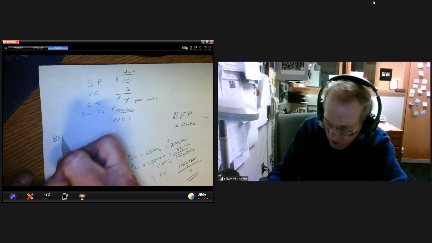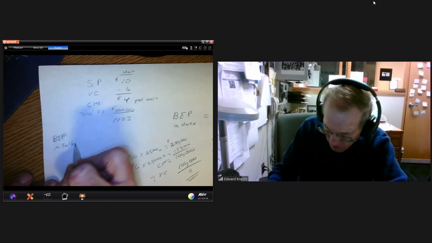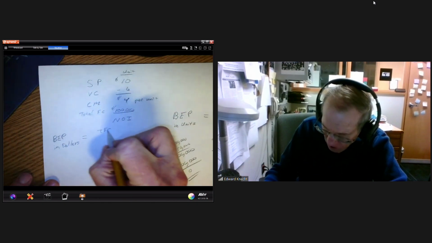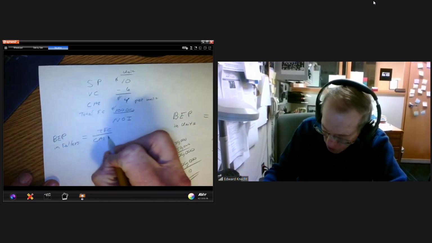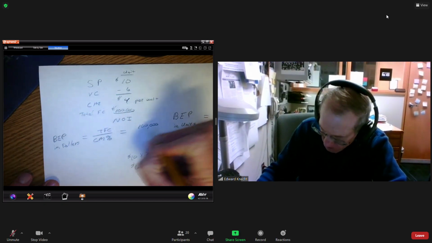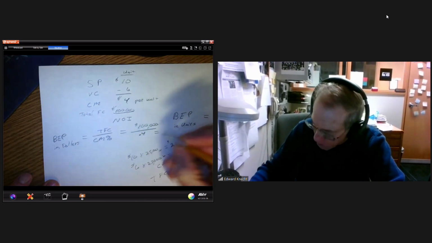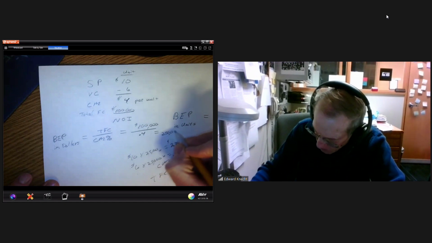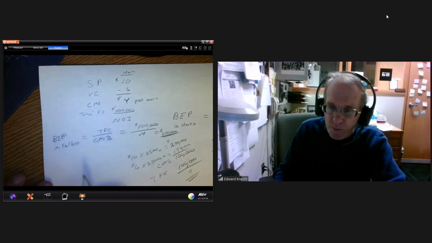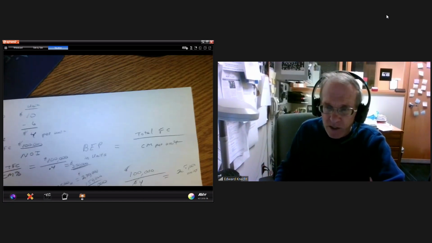If we're trying to figure out the break-even point in dollars, we take the same numerator, total fixed cost, divided by the contribution margin ratio or percentage. So we have $100,000 divided by 0.4. We have to move the decimal place over. That's $250,000, isn't it?